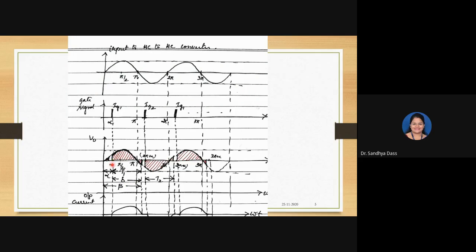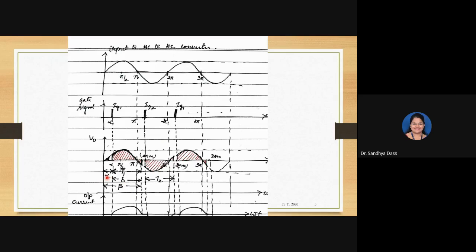The output from this instant to this instant, gamma, is obviously beta minus alpha, which is called conduction angle. So these are the terminologies which you have to remember in these waveforms. I'll repeat, alpha is the firing angle, beta is extinction angle, and gamma is conduction angle.